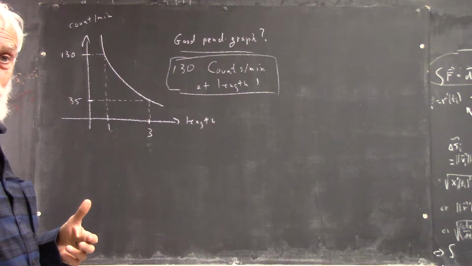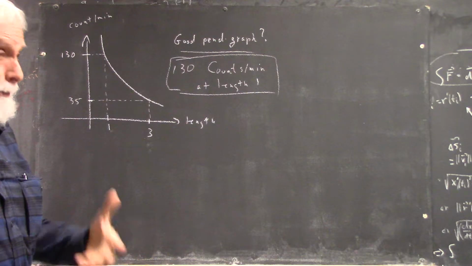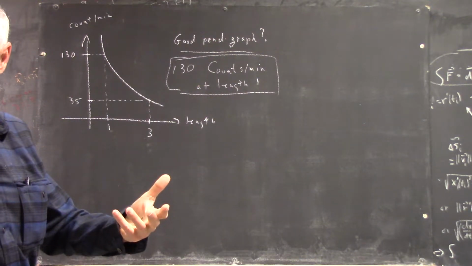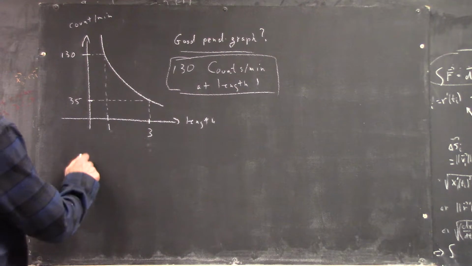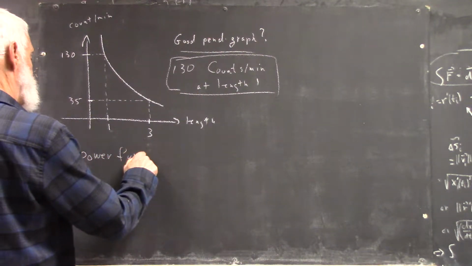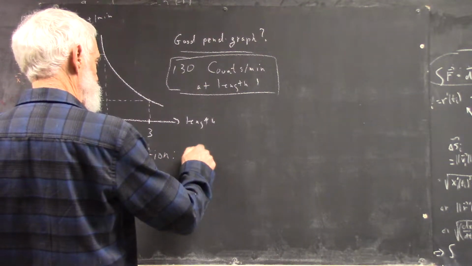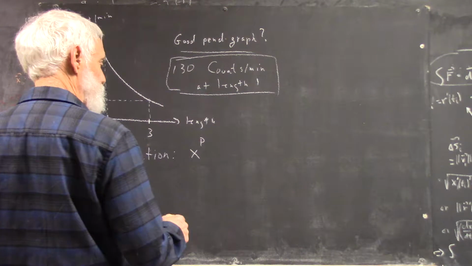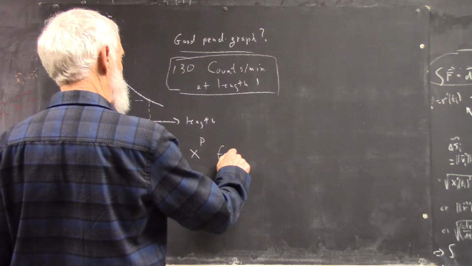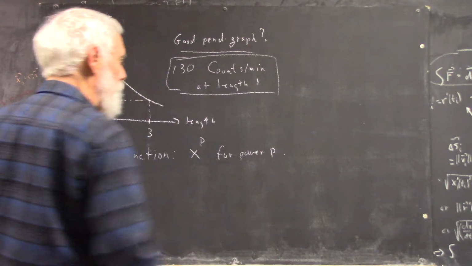So you've got to find the right power function. Now remember what a power function is, right? It's x to the p for power p.